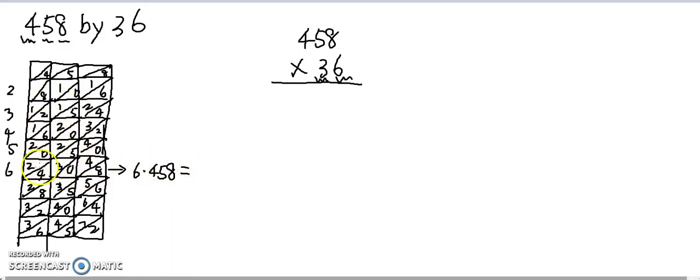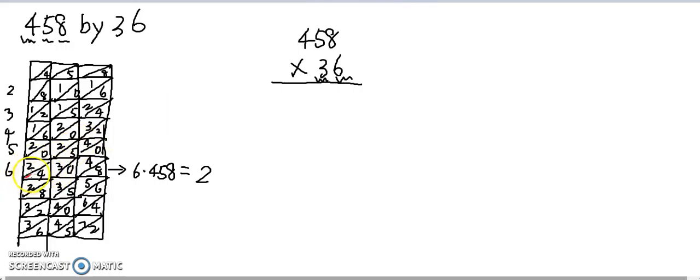Since we already have the numbers for 6 times each digit, 4, 5, and 8, all we need to do is copy them here. But when we copy them, we need to know that we will copy diagonally. So for example, we copy the first digit, which is 2.